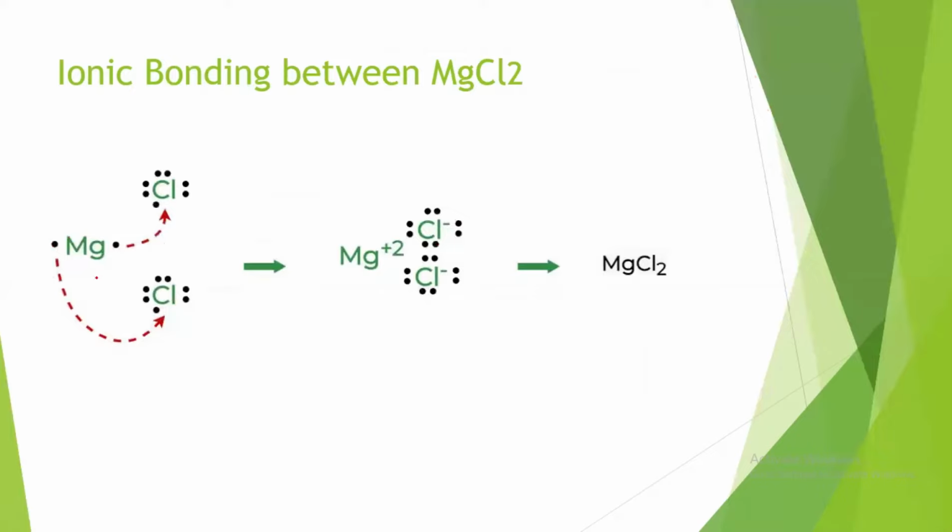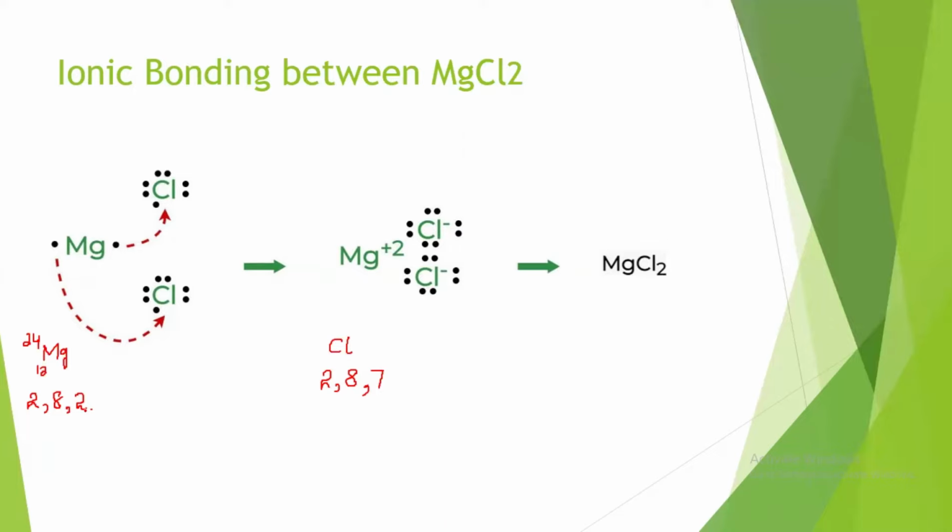Like for example, you can see this example as well, magnesium chloride, in which magnesium is 2, 8, 2. So it has 2 electrons in its outermost shell, so it has to lose 2 electrons. While we know that chlorine is 2, 8, 7. Now, chlorine can only accept 1 electron, but magnesium has to lose 2 electrons to complete its outermost shell.